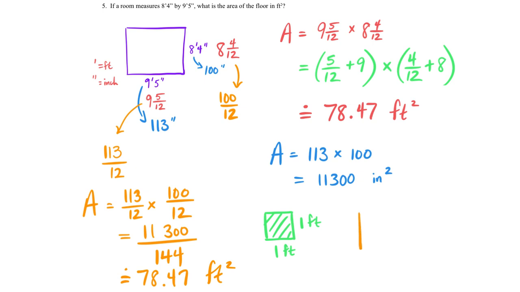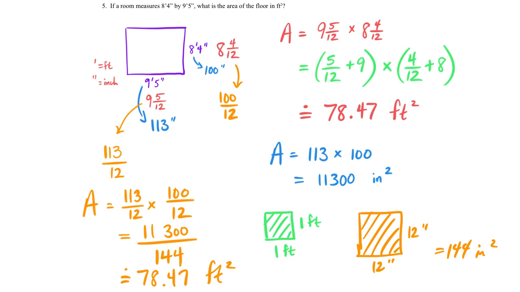But if I view that as 12 inches by 12 inches, the same shape, maybe I shouldn't have even drawn it bigger, then 12 by 12 is 144 square inches. This was our changing measurement issue that we addressed earlier. I have to make sure that I don't treat squared units the same as I do linear.